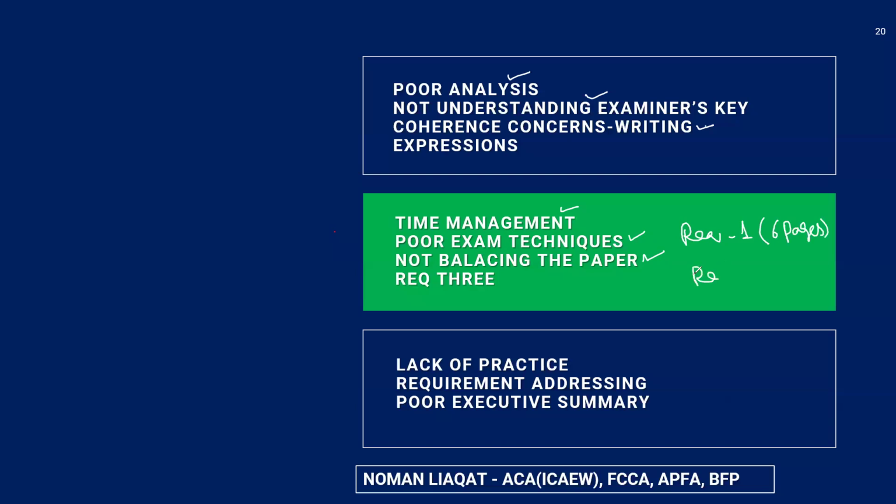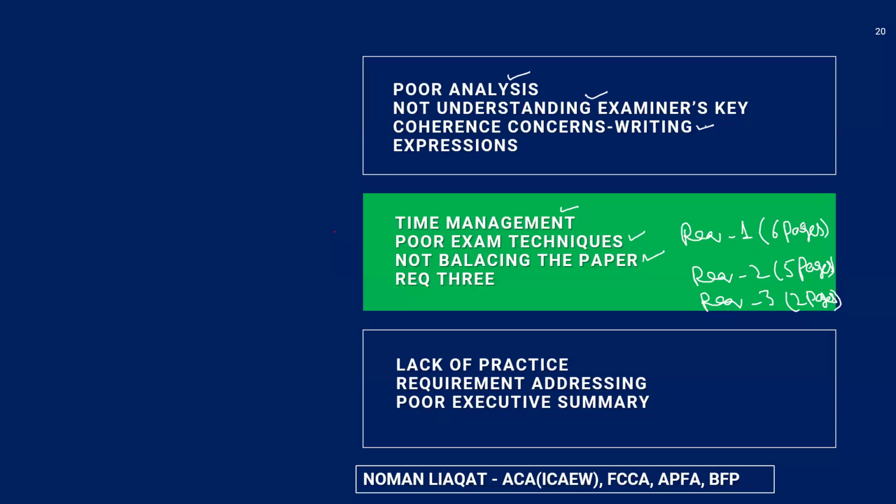For requirement 2, let's suppose you also wrote 5 pages. Here in requirement 3, you think, oh, there is a very small amount of time, and you are just writing 2 pages. Do you think you are justifying yourself? What have you done? You have prepared the mind of the examiner.